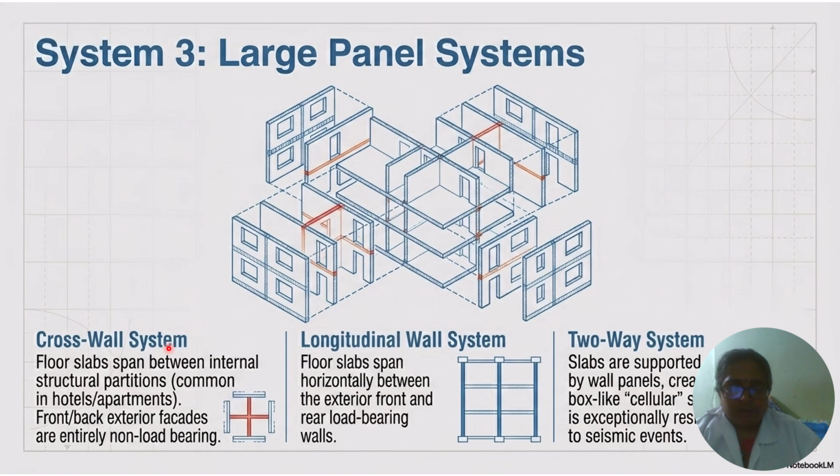The next one is the longitudinal wall system. Floor slabs span horizontally between exterior front and rear load bearing walls. And the next one is the two-way system. The slabs are supported by wall panels, creating a box-like cellular structure that is exceptionally resistant to seismic events.